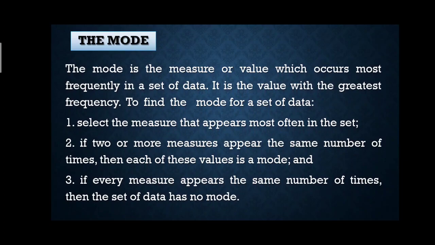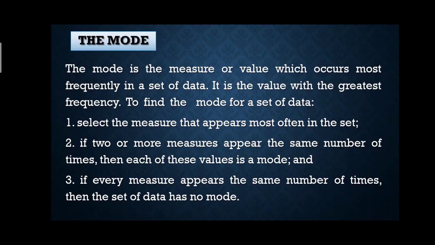Next, if every measure appears the same number of times, then the set of data has no mode. So if an equal number of data appears in the set, automatically there is no mode in the set of data.